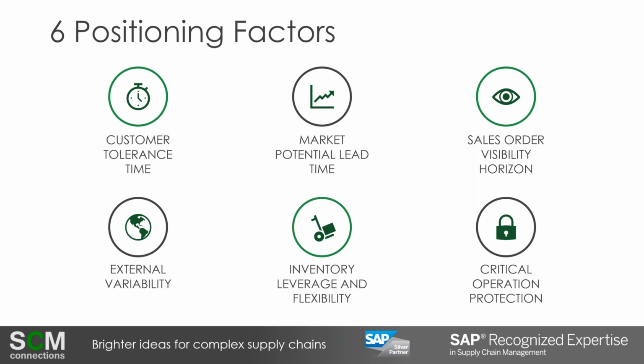And finally is critical operation protection, where you might have a bottleneck resource that you don't want to starve or overload. And so these are the 6 components that we'll focus on in our next webinar for how we can manage strategic decoupling decisions within IBP.